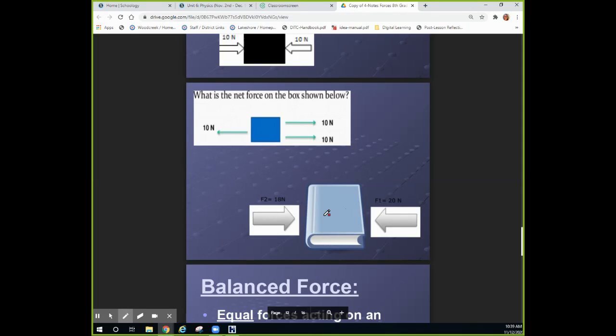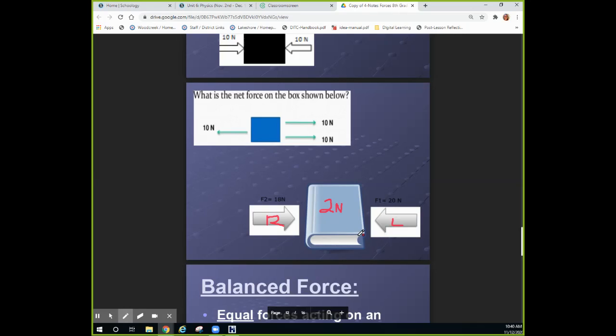Are these going in the same direction or opposite directions? They are going in opposite directions. This one's going to the right and this one's going to the left. I find it helpful to write that. Pointing to the left and this one is pointing to the right. So when they're in opposite directions, you need to subtract. So 20 minus 18, our net force is 2 newtons.